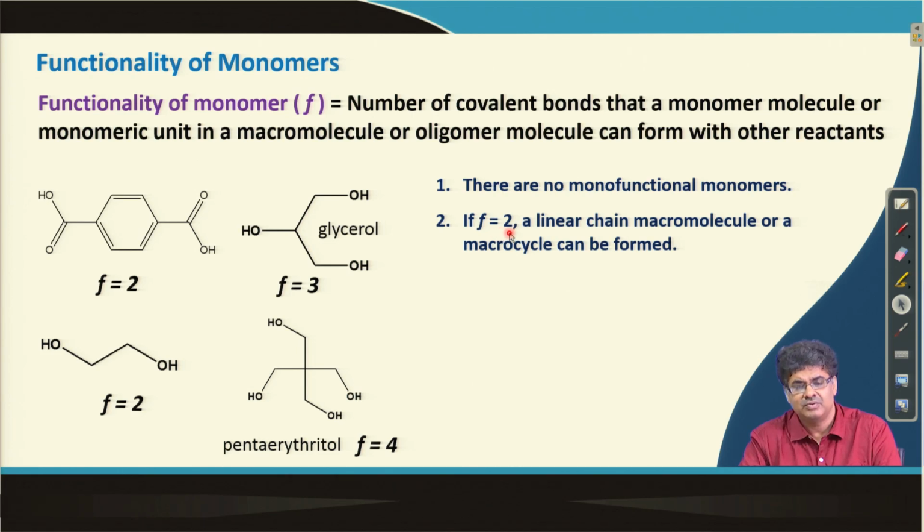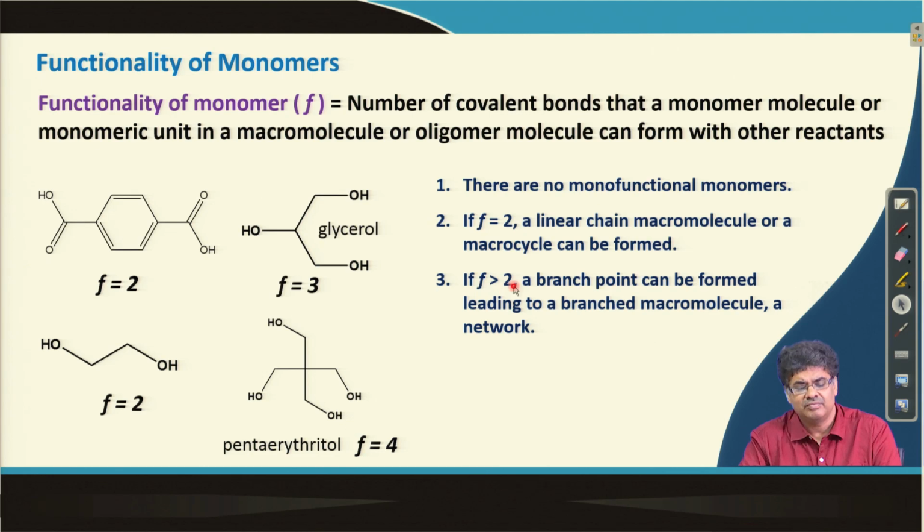If F is 2, then we get a linear chain macromolecule, or in some cases a macrocycle, by reacting the two ends of a long polymer chain. And if F is greater than 2, that means we have at least 3 or 4 or even more functional groups in a monomer, then it can lead to branching in the macromolecule, and in some cases it can go up to forming a network and gel.